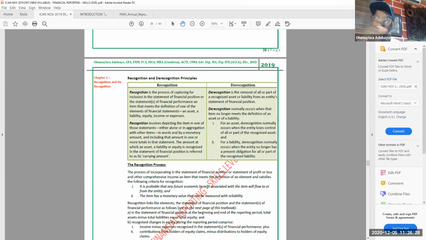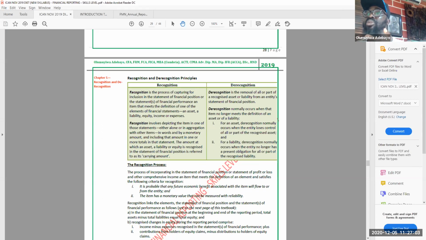Conversely, derecognition means you are removing any element from the account, and you remove it on the basis of the nature of it. For example, you derecognize an asset when you no longer have right to the economic benefits. When do you consider yourself not having a right? One, if you sell the asset, you can't have the right because you can't eat your cake and have it.